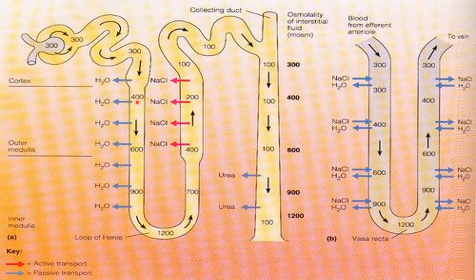While passing through the descending limb of the loop of Henle, there is an increase in the number of salts, because the water is reabsorbed, and at the same time sodium and chlorine that are present in the interstitial fluid enter. Interstitial fluid is the main fluid that is present outside the nephron.